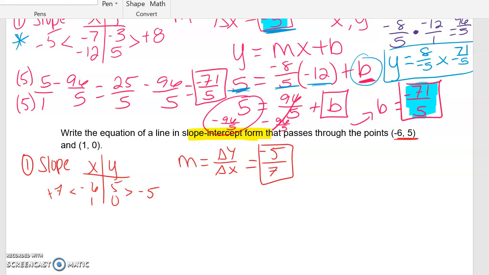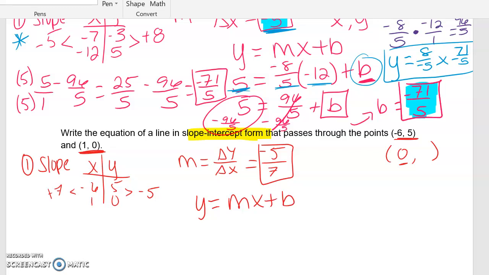Now again, neither one of my points here have x as 0, so I can't use either of those to plug in for my b. But what I can do is choose one of the points and substitute my x and y into my equation y equals mx plus b to work backwards to solve.